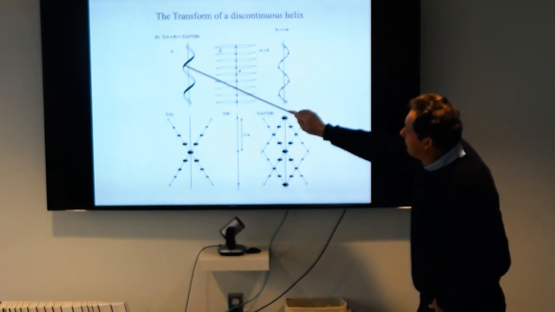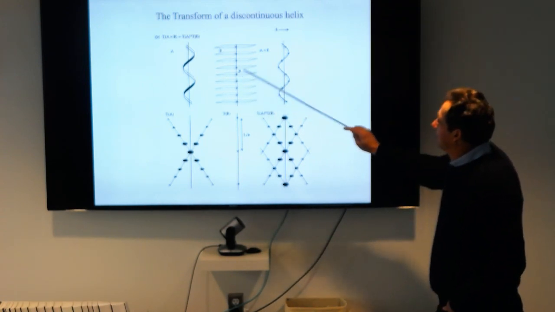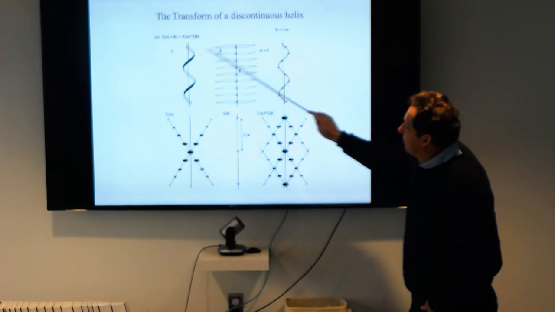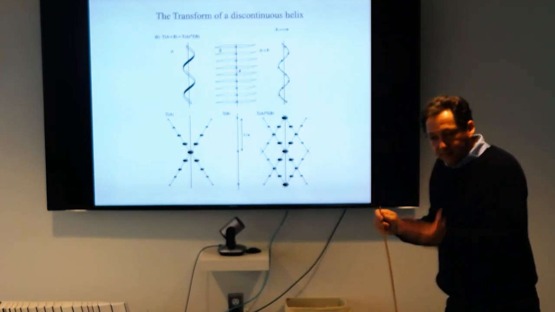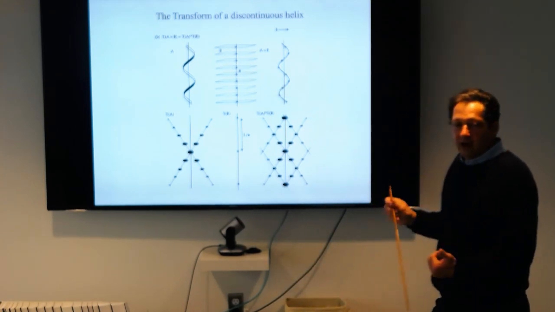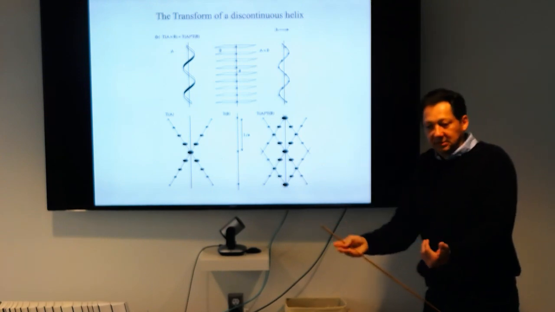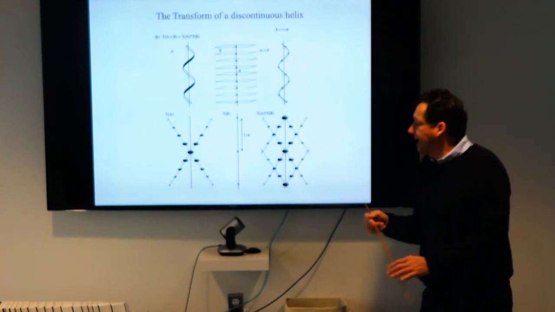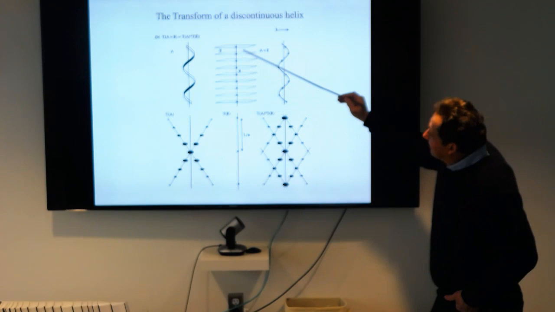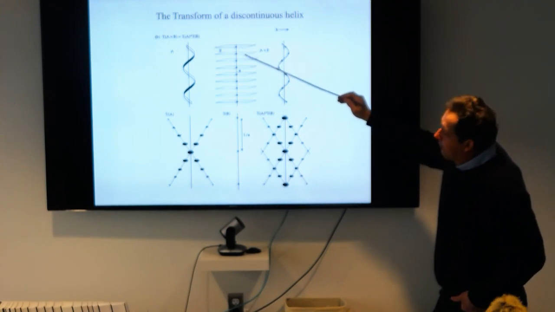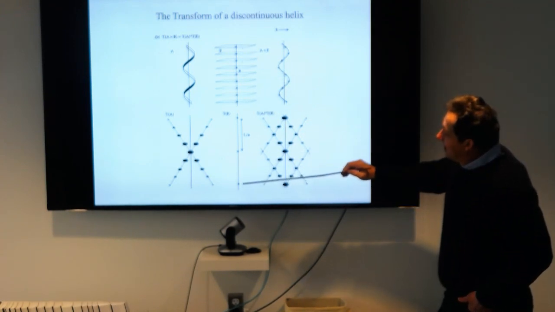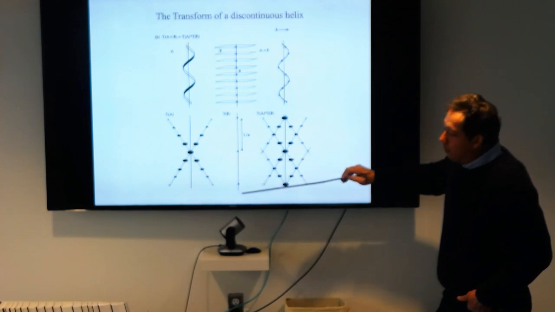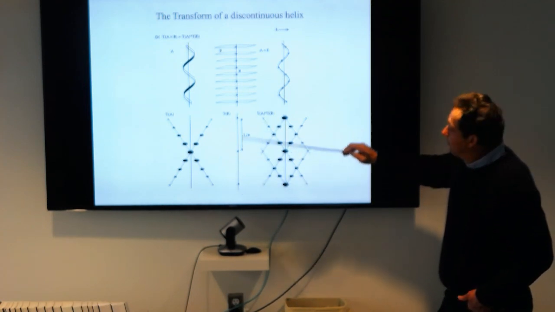A multiplication in real space is equivalent to a convolution in Fourier space. So the transform of this series of planes is going to be lattice points right along the meridian in Fourier space.